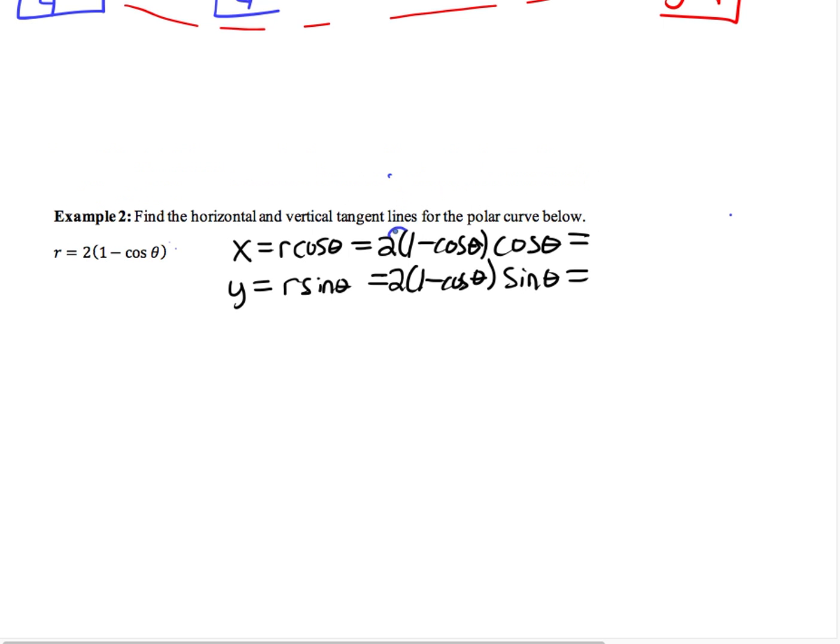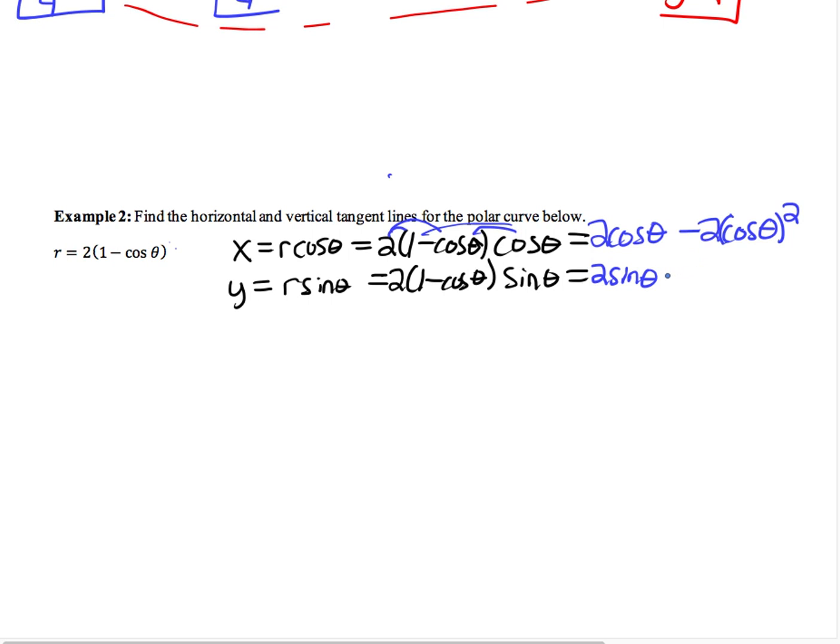So I'm going to distribute the 2, and also the cosine of this problem. I'm just going to do that at the same time. So I think I get 2 cosine here. And if I distribute the other one, I'm going to get minus 2 cosine squared. And since we're going to be taking derivatives, I'm going to write that like this, 2 cosine squared. On the bottom, you can also distribute, and you'll get 2 sine theta.